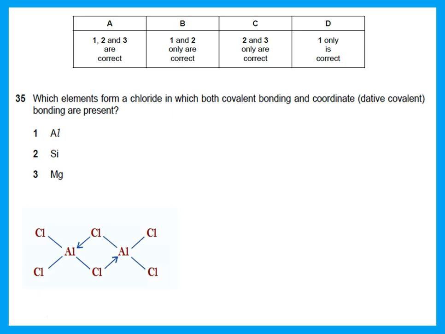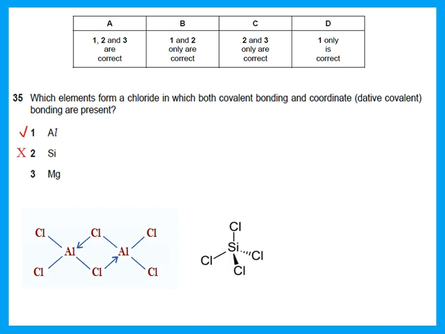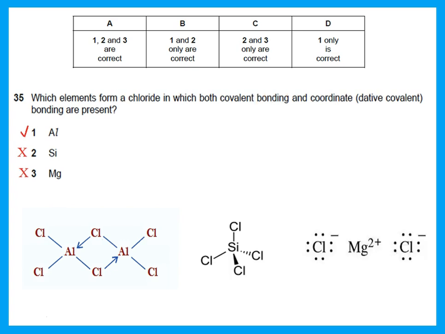So the aluminium forms covalent bonds with 3 of the chlorines, and it forms a dative bond with a chlorine from a next molecule. So we say it dimerizes. So yes, aluminium will have both, but silicon, when it forms chloride, it's just covalent. Magnesium, when it forms a chloride, it's only ionic. So only A is correct. So my answer is D.